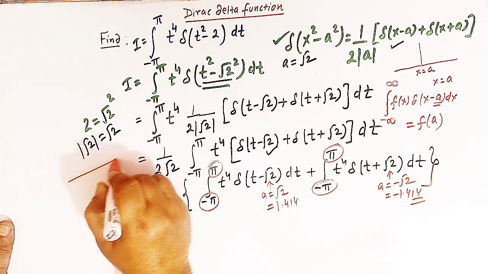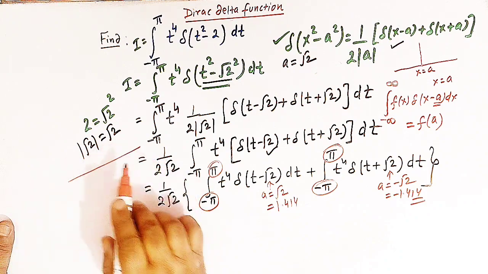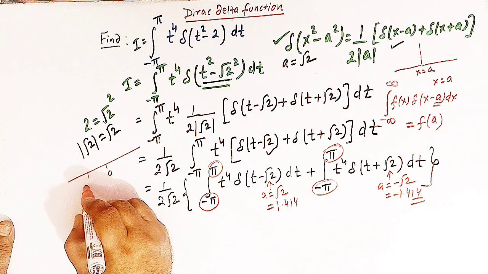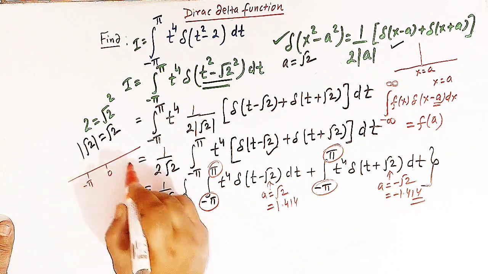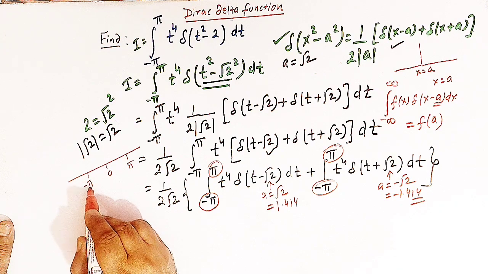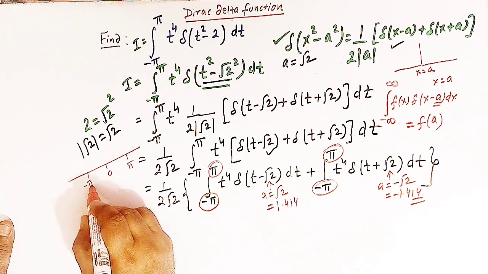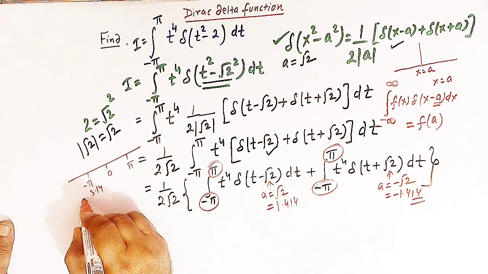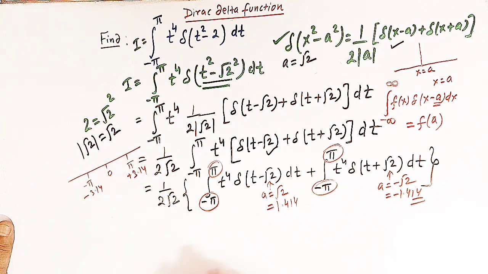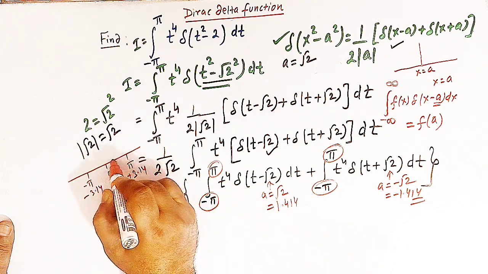So if we draw the number line like this, here we have 0, and here we have say minus pi, and here we have plus pi. The approximate value of pi is 3.14, so this is minus pi, here we have plus 3.14, and 1.414 lies somewhere here.